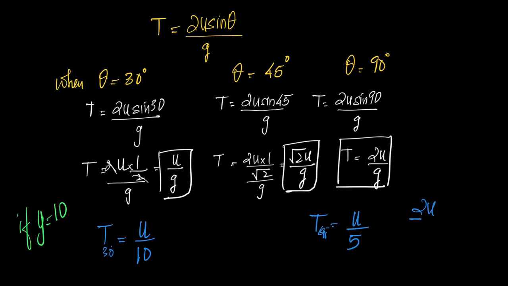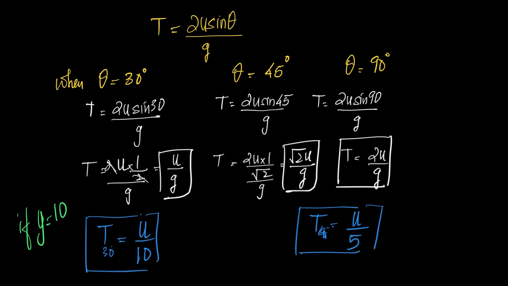Why u by 5? Because 2u by 10, right? So that becomes u by 5. So these two formulas can also help you in saving your time while doing problems with more number of steps. What is that? Time of flight at 30 degrees is velocity divided by 10. Time of flight at 90 degree is initial velocity divided by 5.